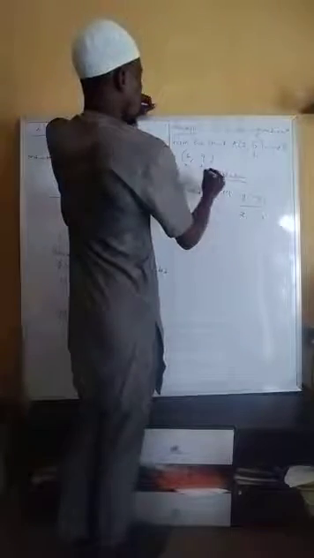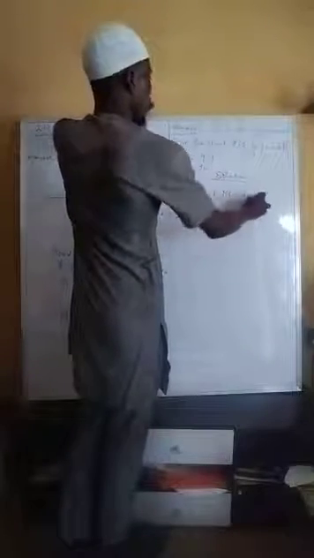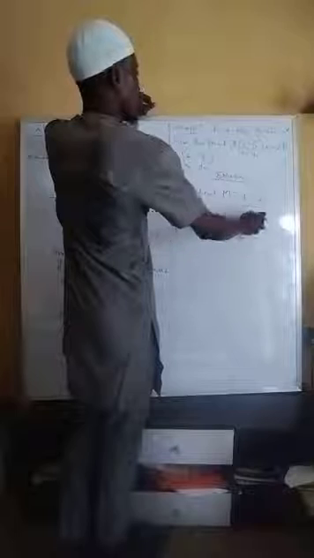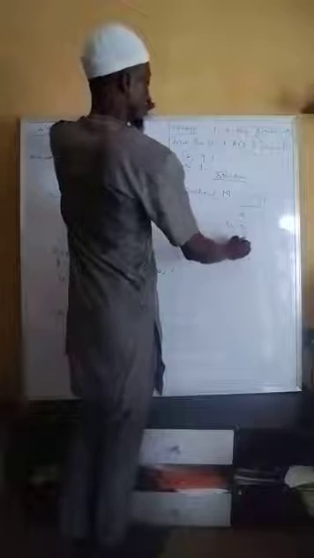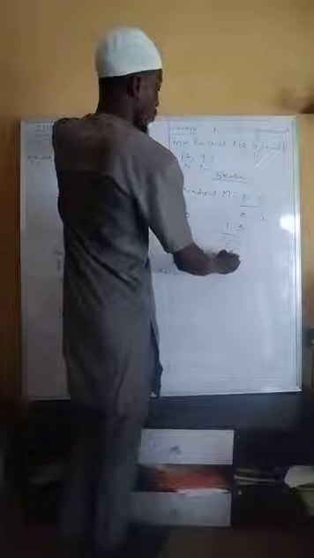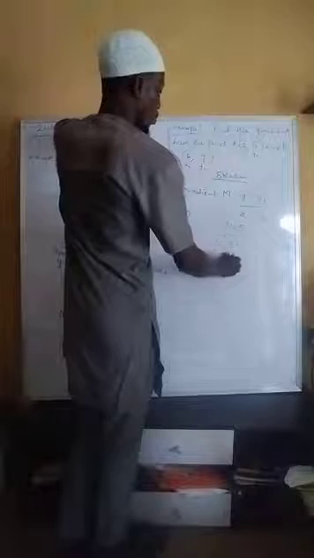So here our y2 is 9 minus our y1, 5, divided by our x2, 6, and then our x1, 2. So 9 minus 5 will give you 4. 6 minus 2, 4. So which is equal to 1.